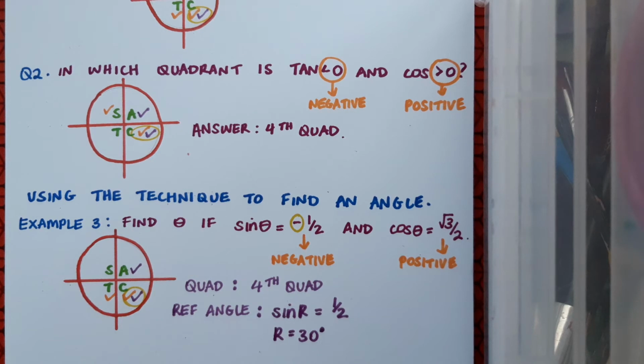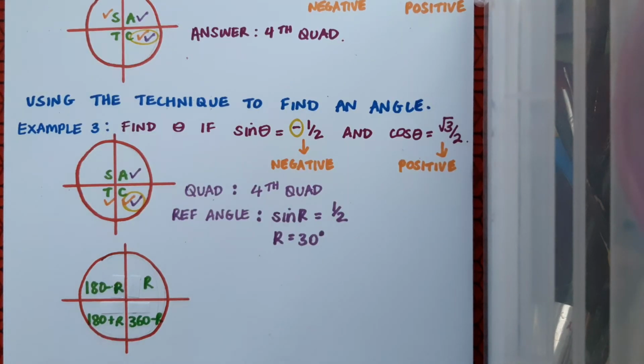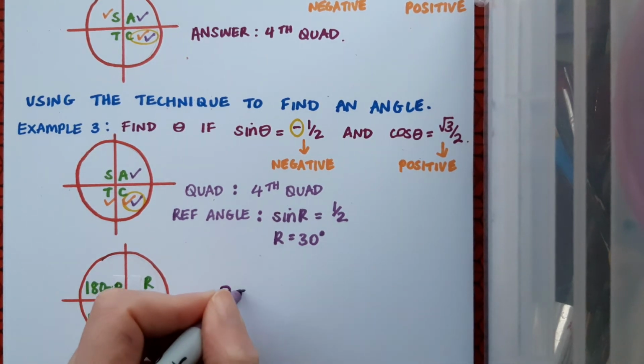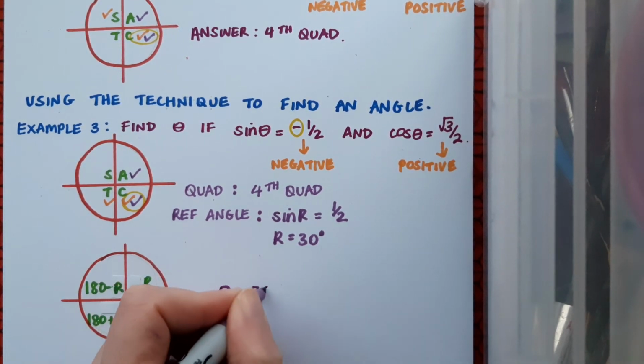I now want to work out what angle in the fourth quadrant that relates to. So the first thing I'll need to do is sketch my other unit circle relating to reference angles. I have that unit circle now, and I know that I'm looking at the fourth quadrant. So I'm going to use 360 minus my reference angle. In this case, theta equals 360 minus r.